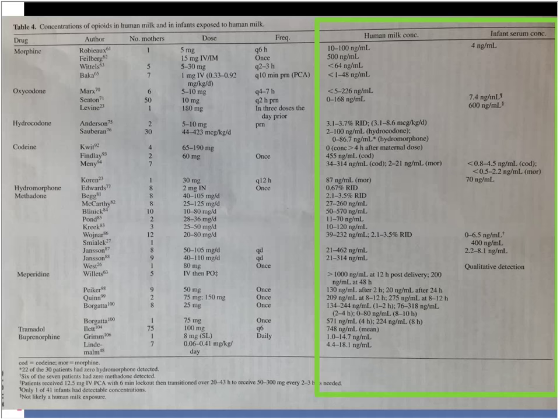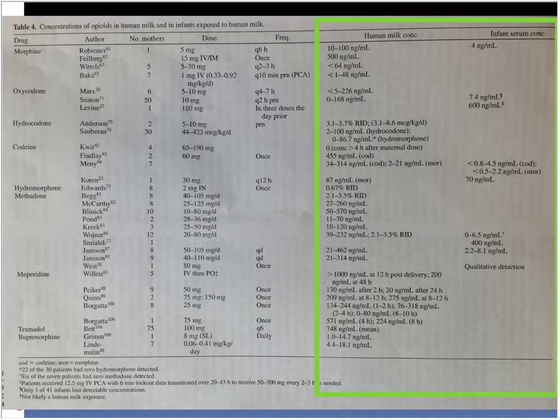This too is a table from the publication I mentioned before. Just a couple of things to note. In the green box, I know it's a very busy slide, the first column is human milk concentration. You can see that the human milk concentrations are a gigantic range, but certainly identifiable.